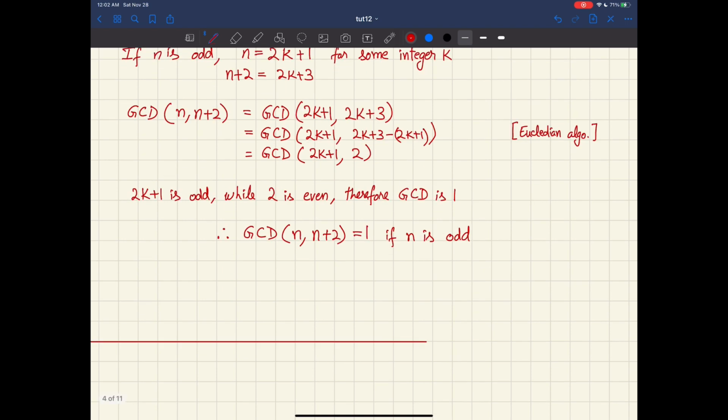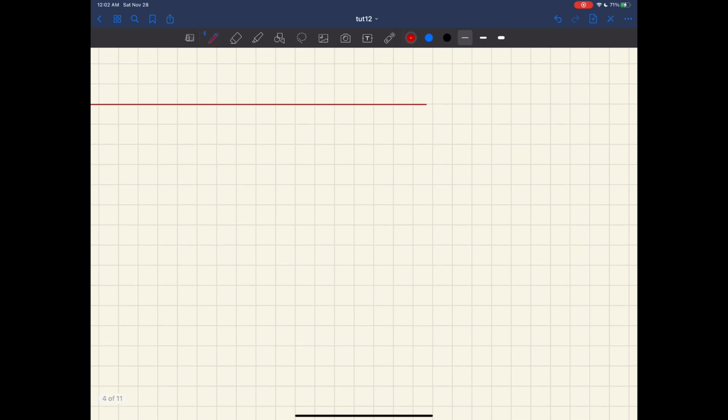And in the other case, if n is even, n can be rewritten as 2k for some integer k, and n plus 2 would be equal to 2k plus 2.